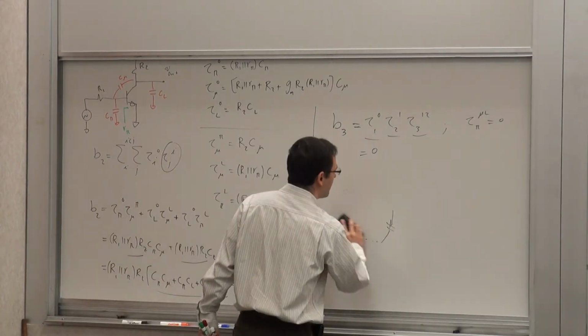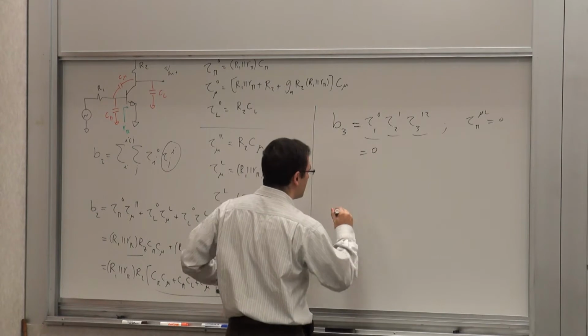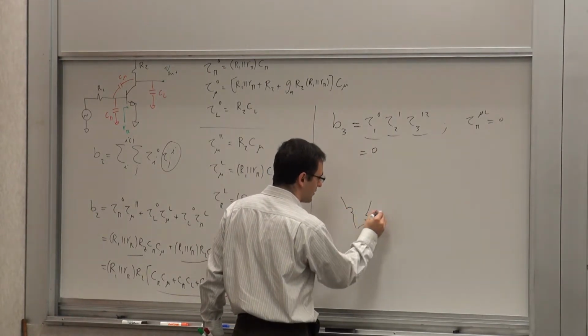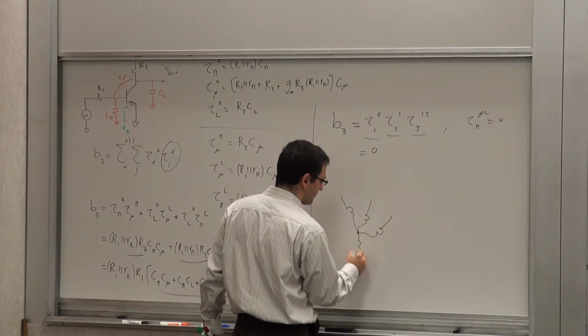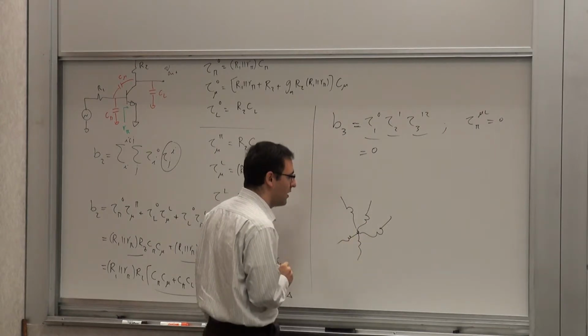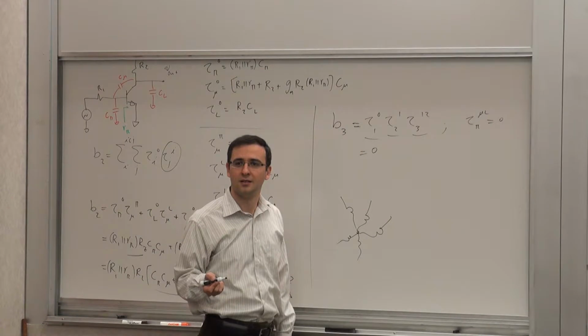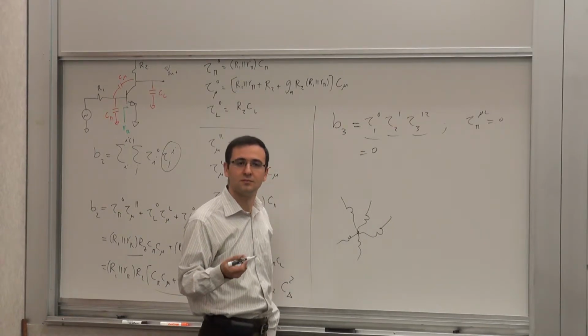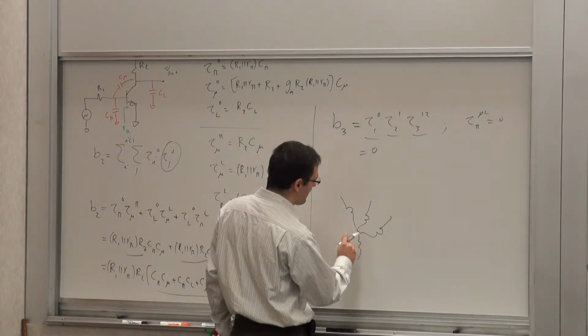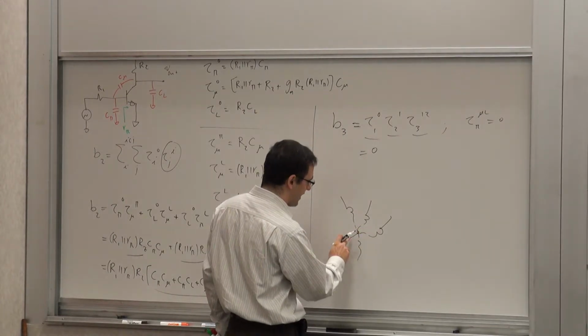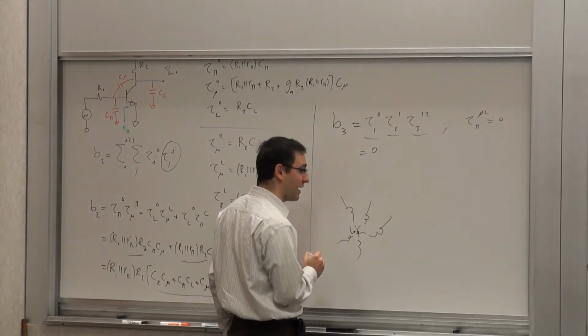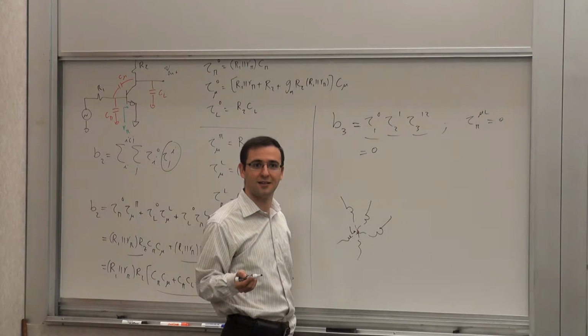The same thing holds with inductive loops, right? Because if you have an inductive loop and nothing else attached to it, infinite valuing an inductor is like what? An open circuit, right? So if I take n minus 1 of these and infinite value them and ask what is the resistance seen by this guy? Infinity.